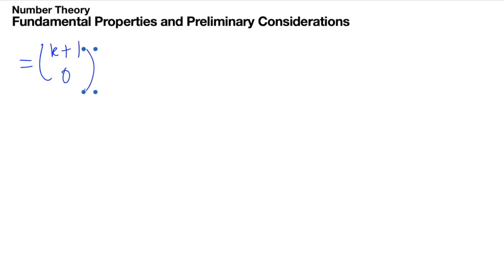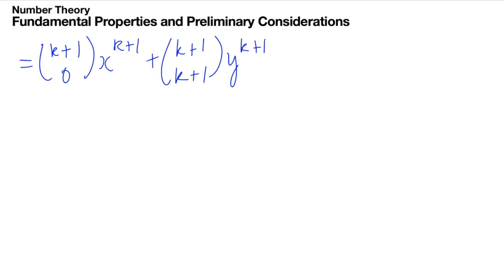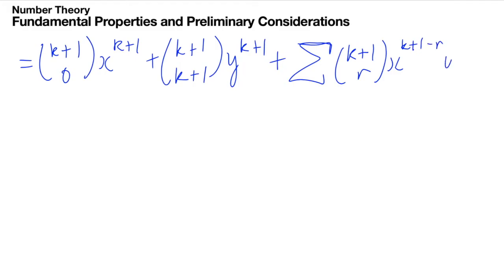K plus 1 choose 0, x raised to k plus 1, plus k plus 1 choose k plus 1, y raised to k plus 1, and then this is our new term, the summation, by the Pascal's identity, of k plus 1 choose r, x raised to k plus 1 minus r, y raised to r for all r running from 1 to k.